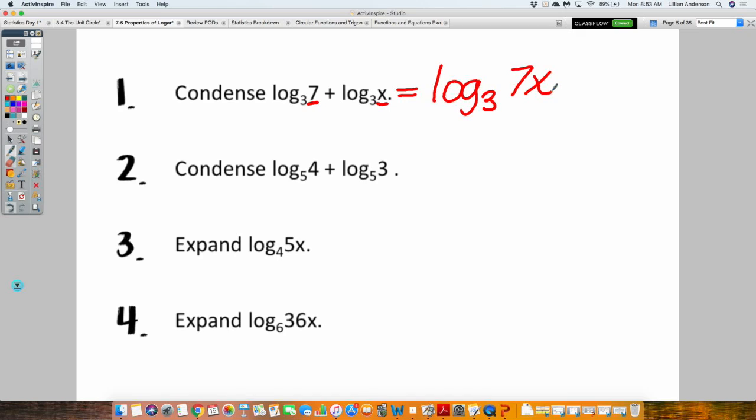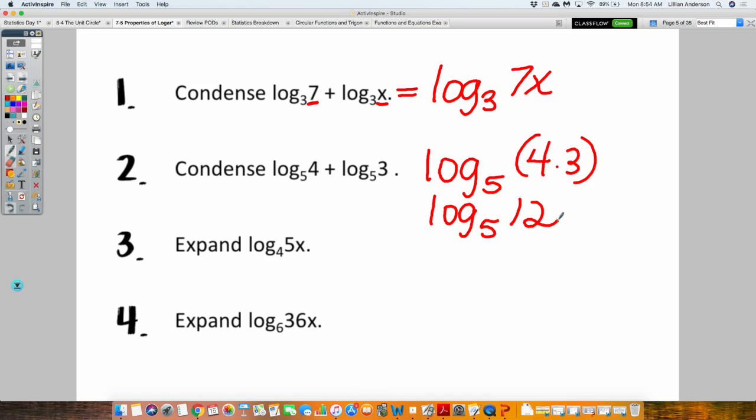And that's it. Anytime you see addition, you can combine it with one log, and then you multiply the two numbers. Okay? So the next one would be log base 5 of 12, because technically it will be 4 times 3. 4 times 3 becomes 12.